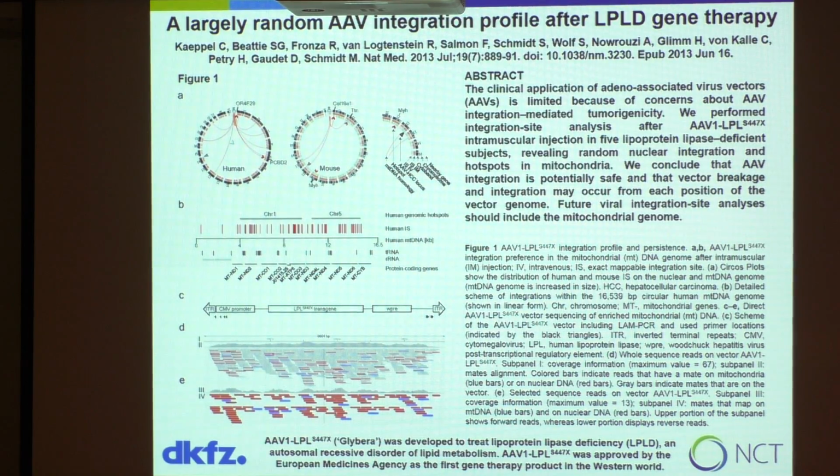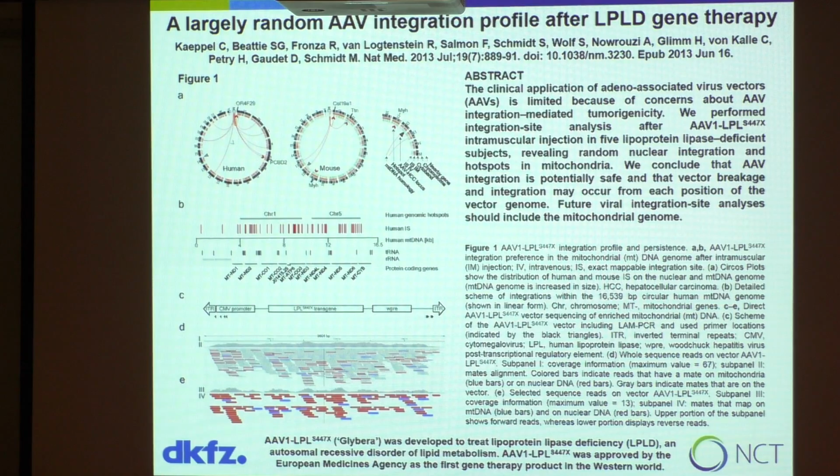Just one slide for AAV: about 2 years ago we could show, for the first gene therapy medicinal drug, that integrations may also occur, though this vector does not have an integrase function.